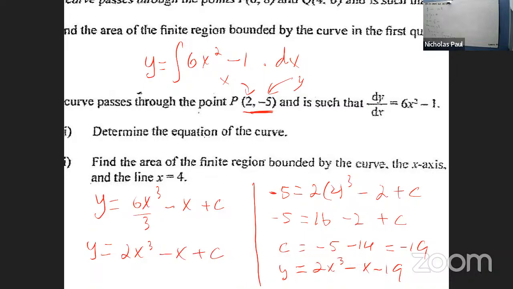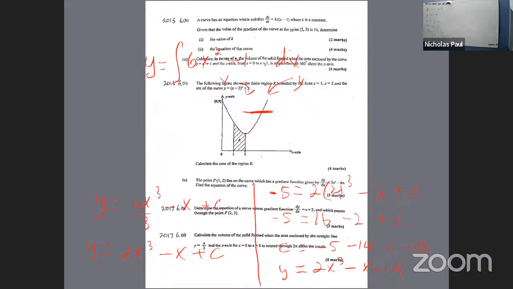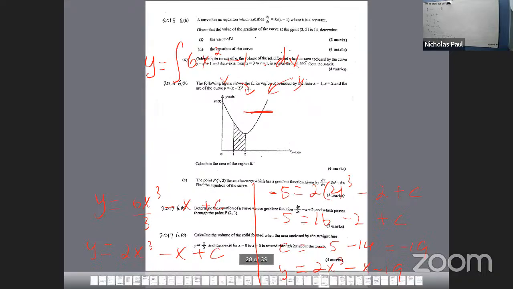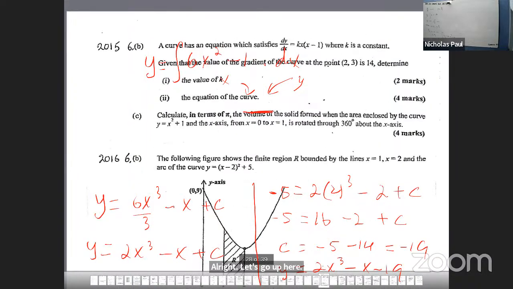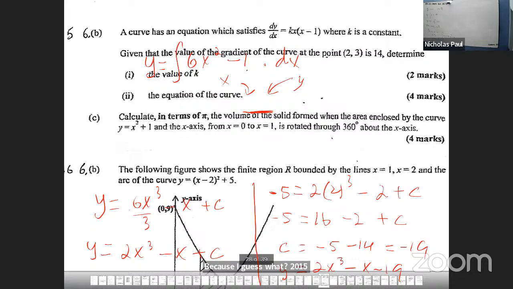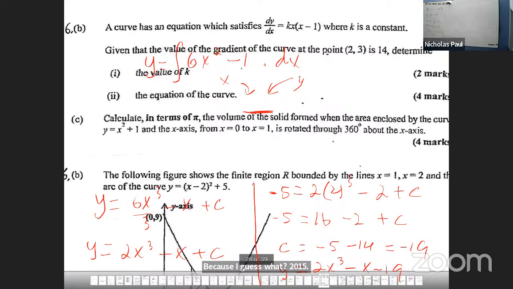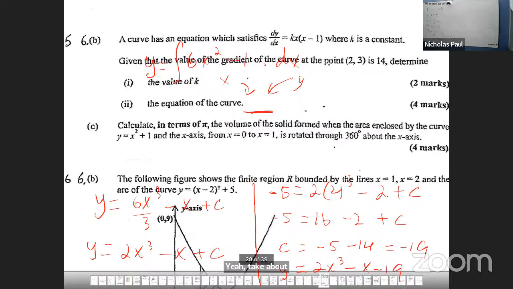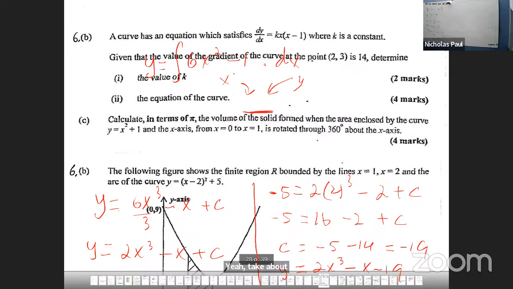One more. I'm going to take this out, too easy. Right, let's go again. Ooh, I like this one. I like this one, 2015, I'm all excited. I want one more easy one.